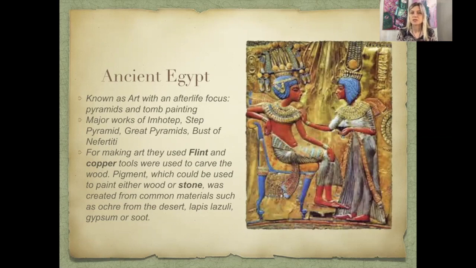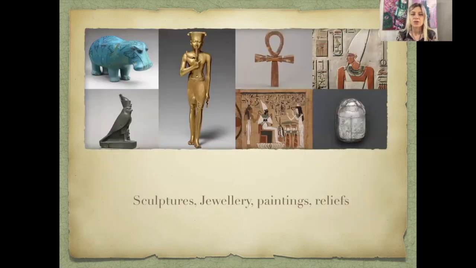So all these materials were found around, and you can see in this picture they were using blue, green, orange, red, and other tones of colors. And over here, we'll see that they were also very famous for sculptures, jewelry, paintings, and reliefs.